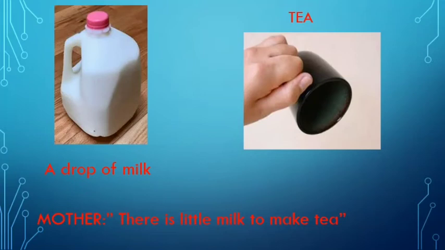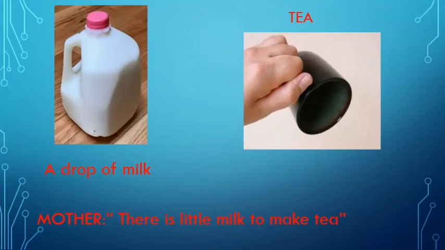So can she make a cup of tea with this drop of milk? No, she cannot. It means a drop of milk is almost zero, almost no milk here. So in such a situation, we say there is little milk to make a cup of tea, means equal to 0.